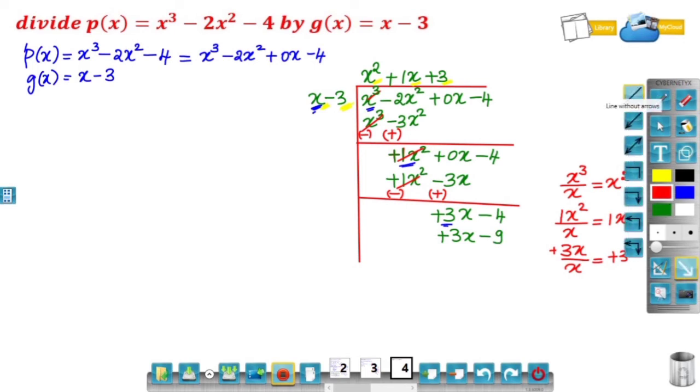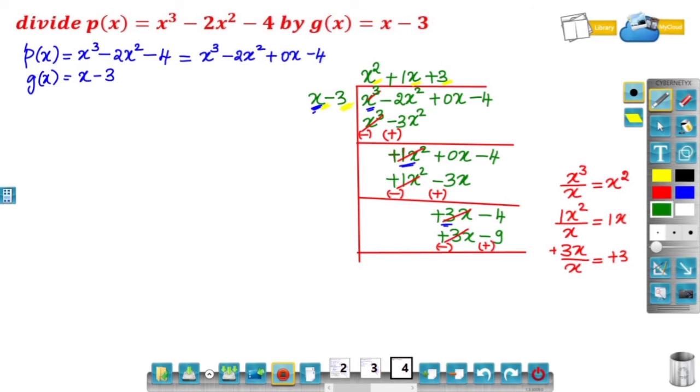Now subtract. While subtracting, remember, change the sign. Plus 3x minus 3x is 0. Minus 4 plus 9 is plus 5. Now write the quotient. Quotient q of x is equal to x square plus 1x plus 3.